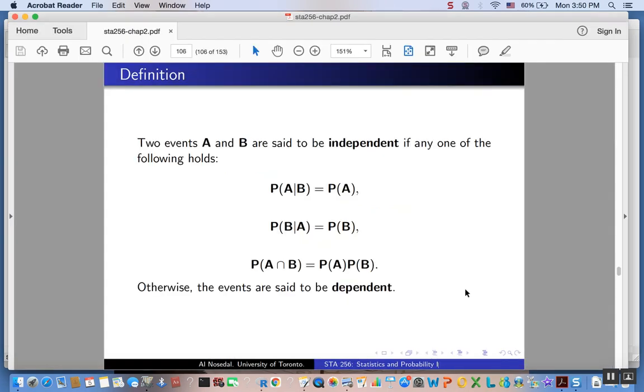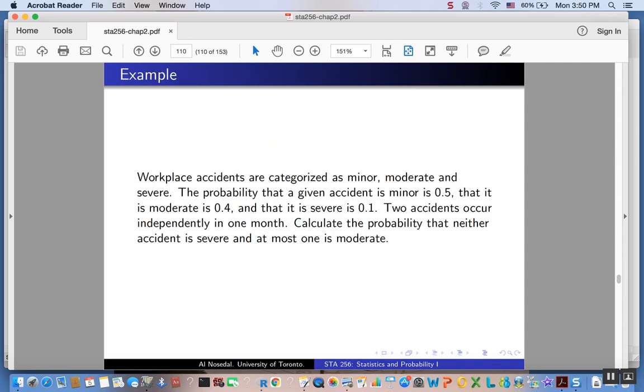Now, I would like to ask you something. What if you try to do this one as a homework problem?